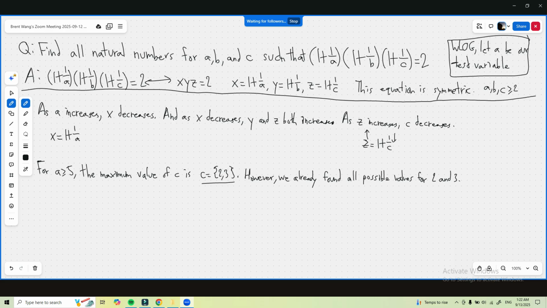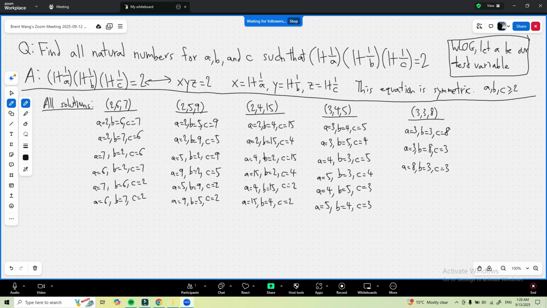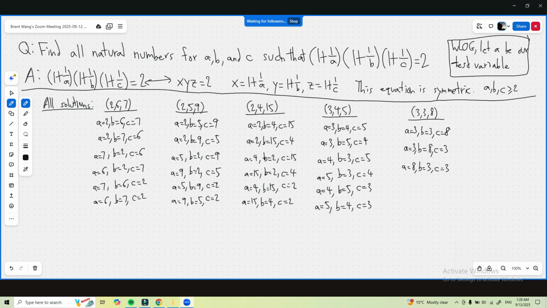Therefore, we have found all solutions to the question. Therefore, we have found all the 27 solutions to this question, and we are now done this question.